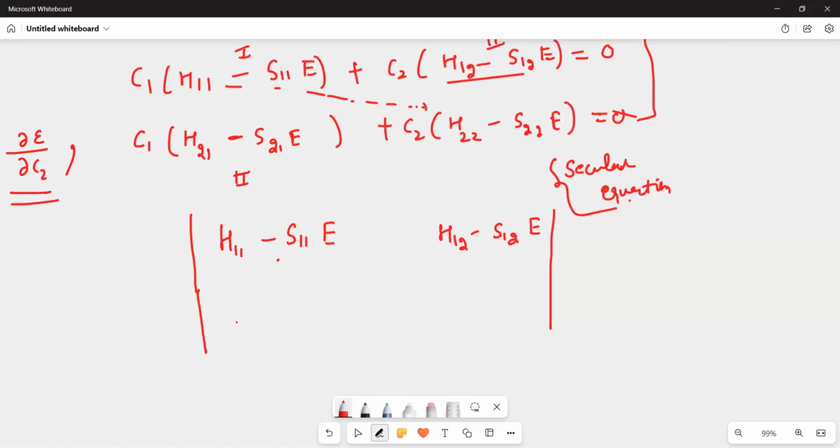Then H21 minus S21E, and here you will write H22 minus S22E. So this is the determinant of 2 by 2 order, and the result is equal to 0. By using this, we can find out the energies. If you know the integral values, you can find out the energies.